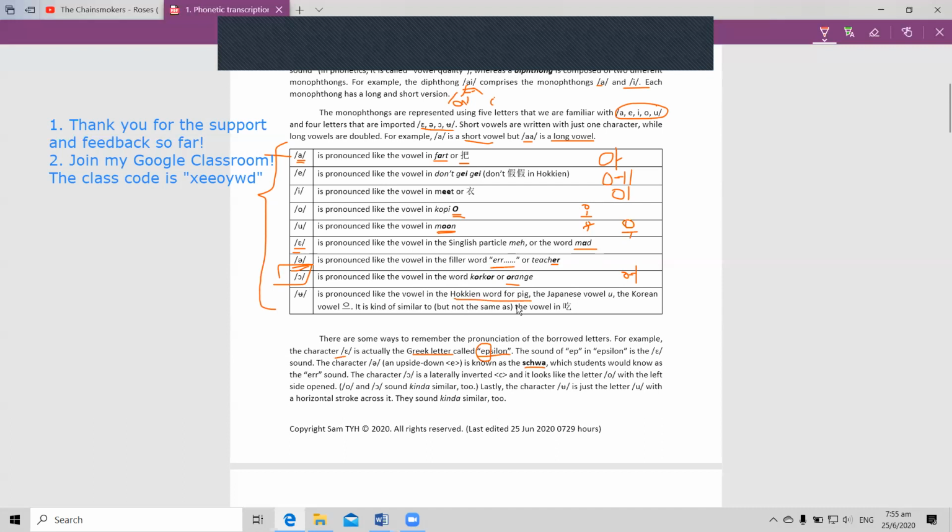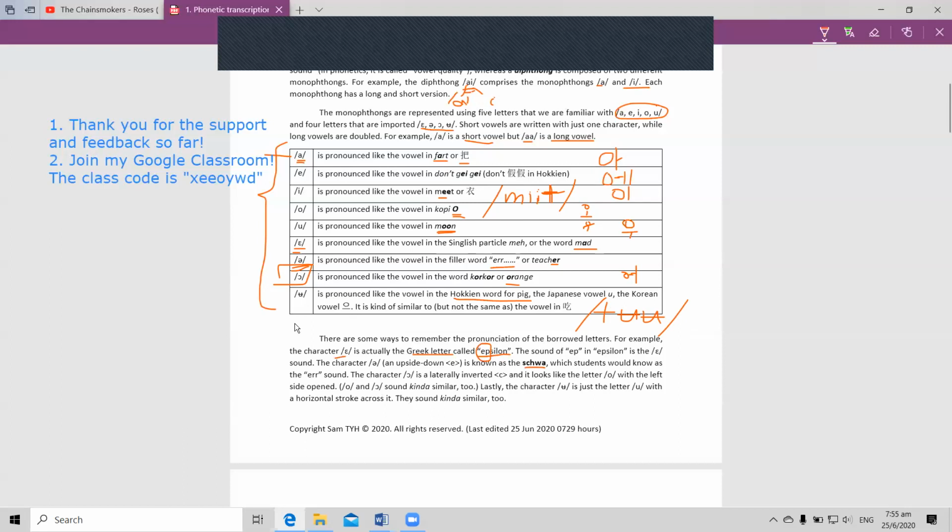The Hokkien word for pig is tu, correct? We'll write tu this way. This word meat, we will transcribe it this way, the long vowel, and final T, meat.